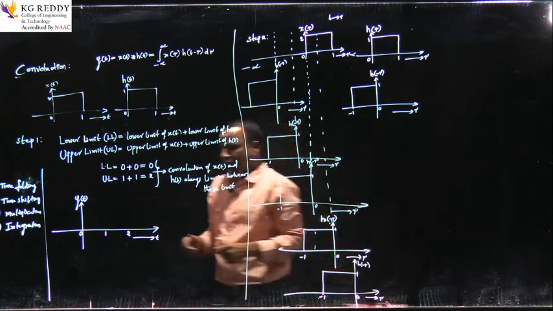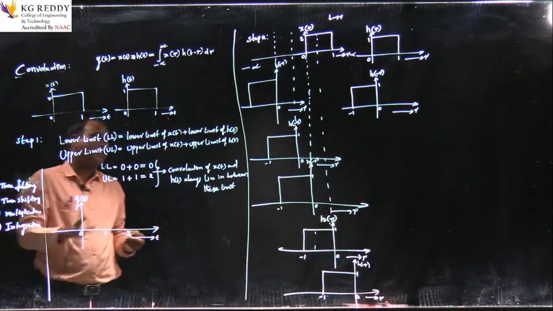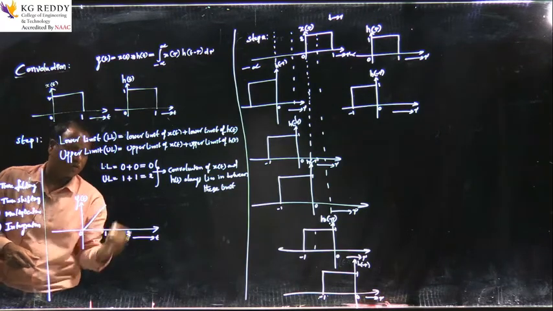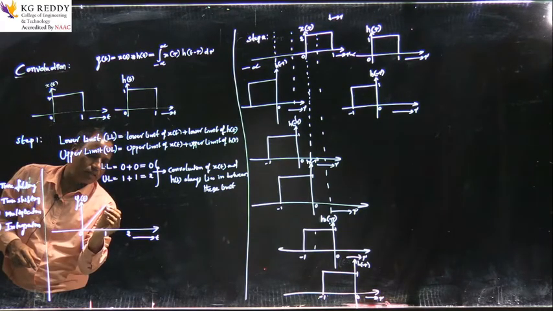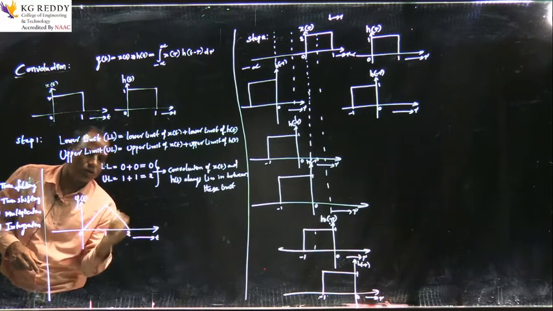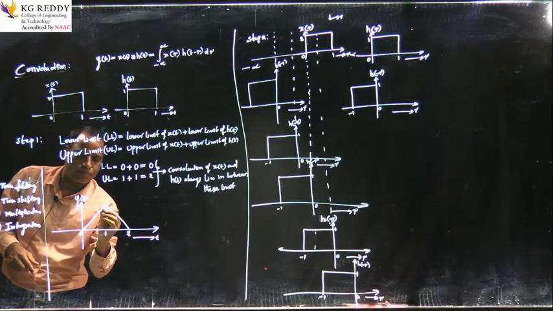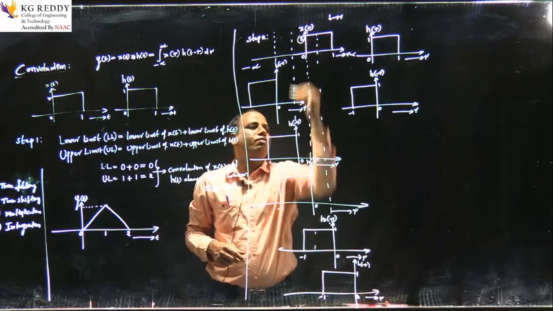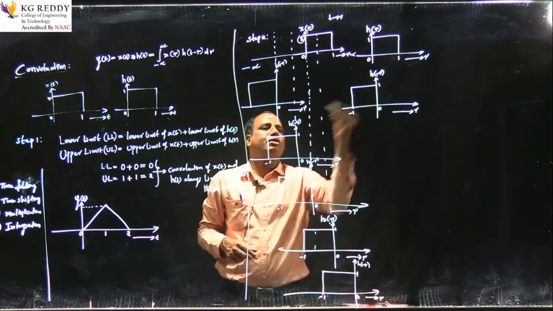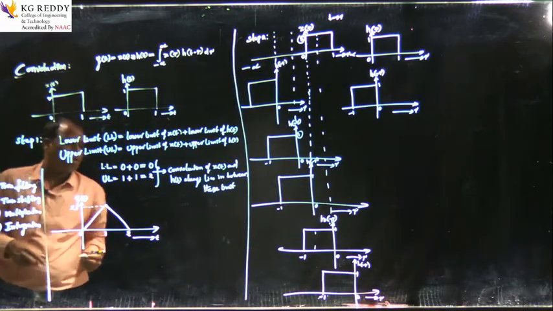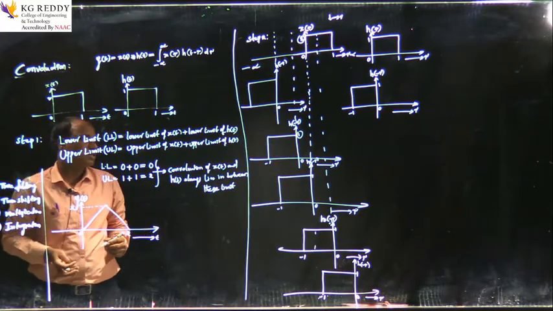So if I plot based on this analysis, the convolution starts at 0, slowly increases up to 1, and decreases from 1 to 2, and this particular amplitude is nothing but the multiplication of this particular 2 with the amplitude of this h of t. So 2, and this is the convolution.